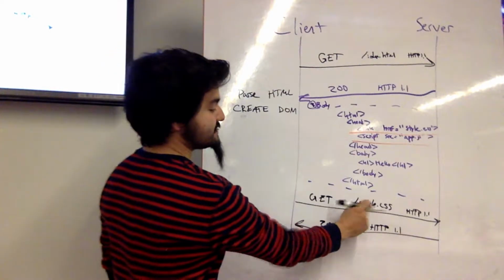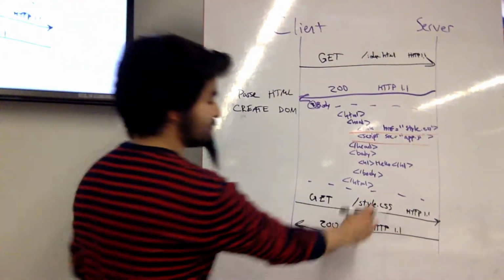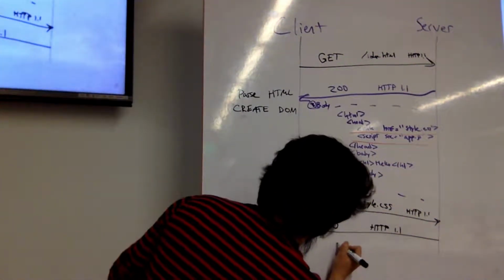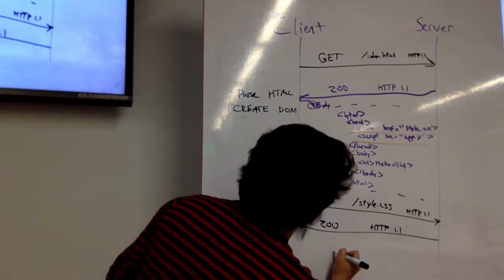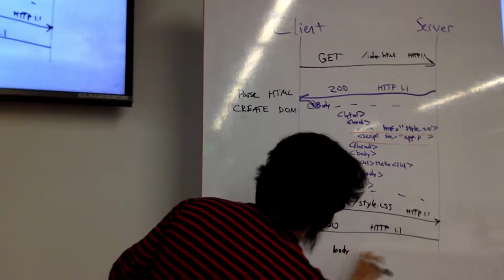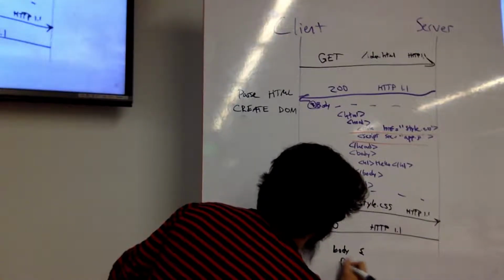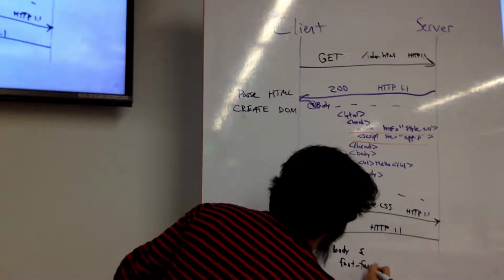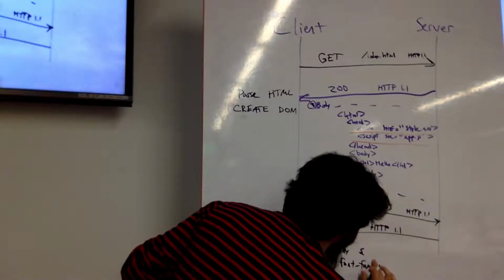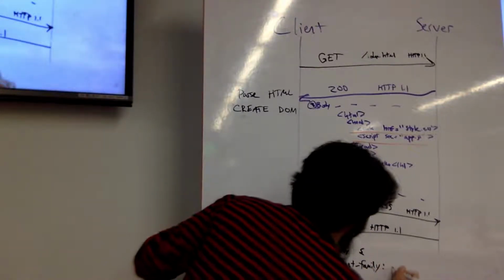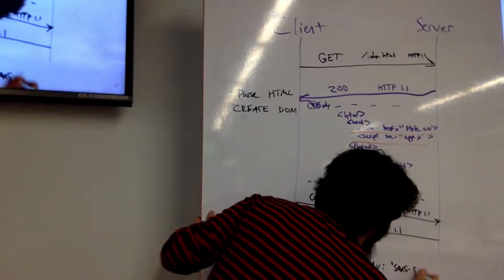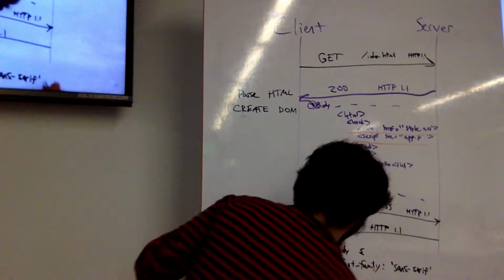So we're requesting style.css, so it's actually literally just going to be this file that we're requesting. So we're going to get, let's say this has like a body style, like font family. Like that.